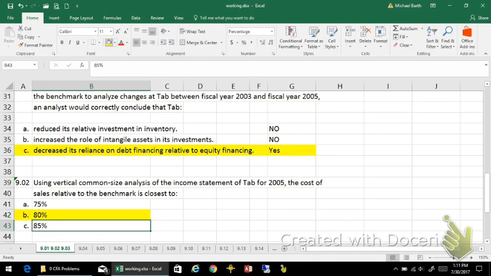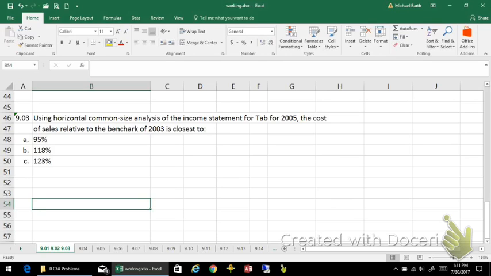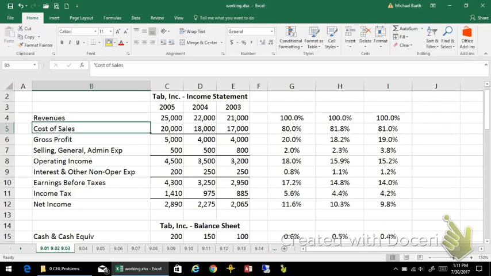And the third question, using horizontal common size statement, horizontal, instead of dividing everything by revenue, you divide each of the categories by one of the other columns. And here, the cost of sales relative to the benchmark is what they're asking.